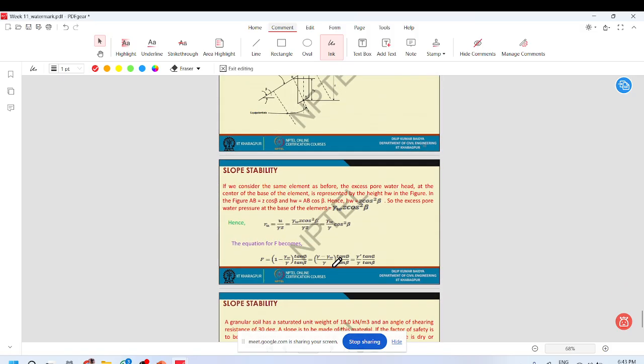Okay. So if there is flow, then based on the flow, what we studied in permeability, we talked about a seepage force. You have to take that into consideration in your vectors when we are taking the free body diagram of your slope stability. Basically, you have to take that seepage force into consideration.